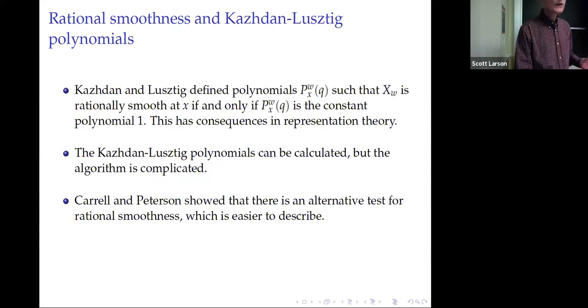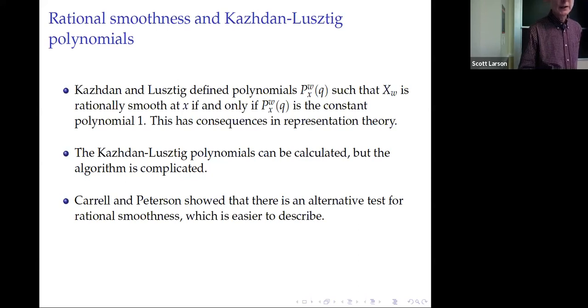So Carrell and Peterson, where their work comes in, define polynomials P_{w,x} of Q in the variable Q. Q is unfortunately a little overused in this talk, but it's too late to change now. But these polynomials detect rational smoothness, because X is a rationally smooth point if and only if this polynomial is the constant polynomial 1.